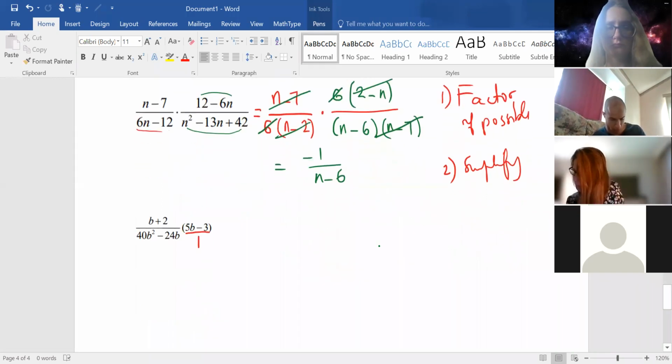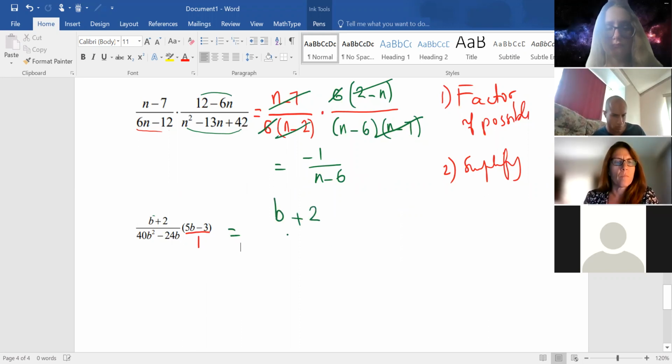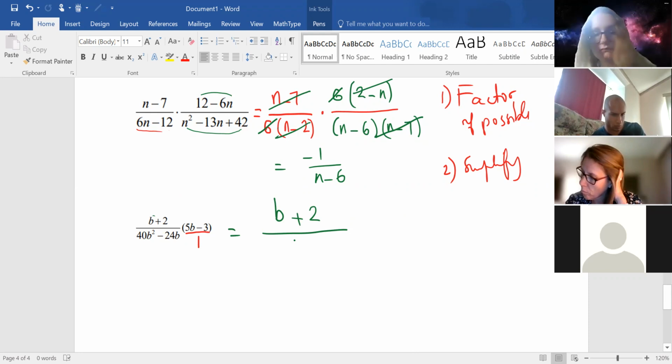Okay, so look, b plus 2 over this one. Obviously, there's nothing we can do with the b plus 2. But this one right here, how do we factor 40b squared minus 24b? Or can we even factor?